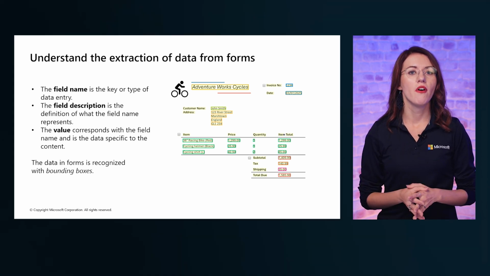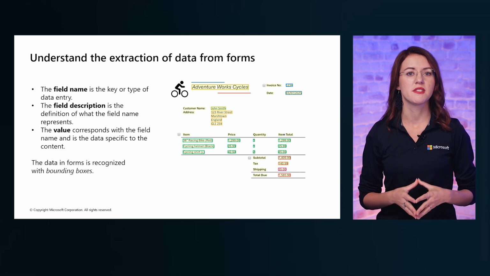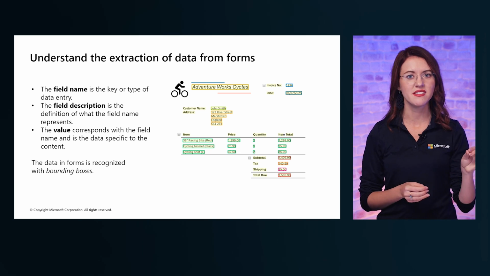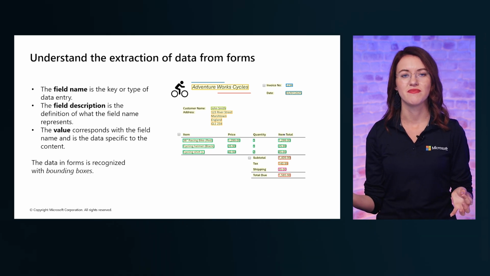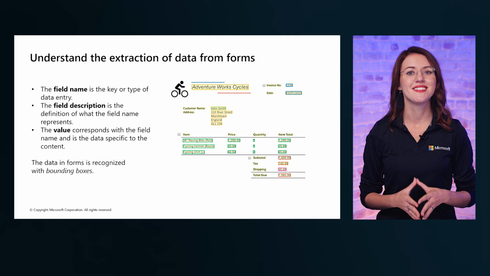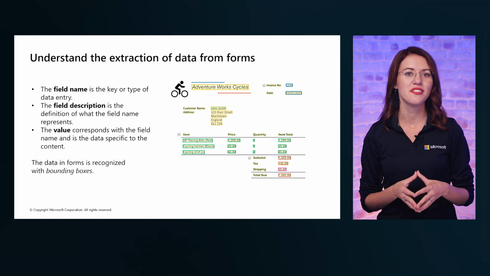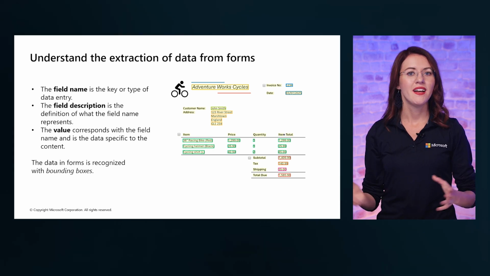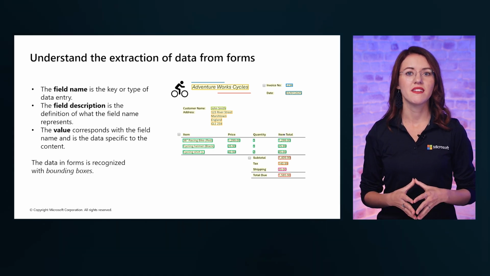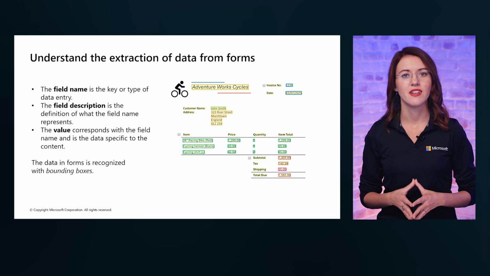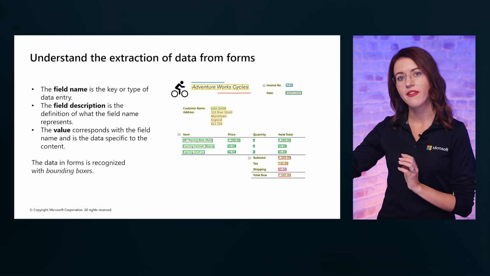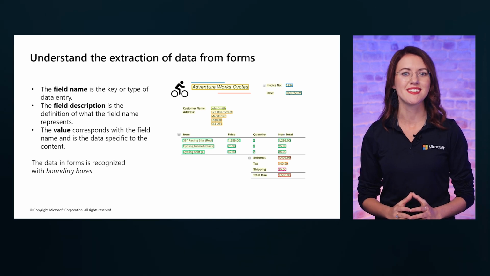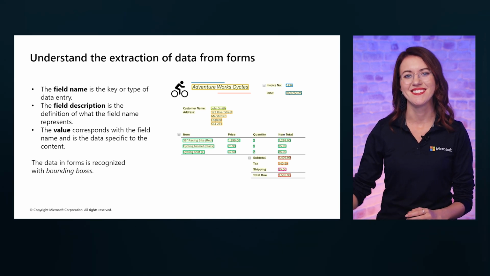Machine learning models interpret these patterns because they are trained to recognize relationships between text and spatial layout. Every extracted field is associated with a confidence score, a value between 0 and 1, that indicates the likelihood of accuracy. A score close to 1 means that data can be trusted to represent what appears in the original document.